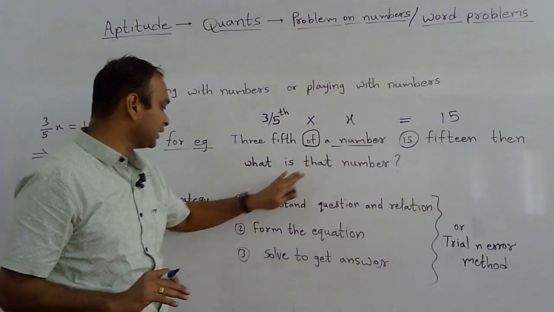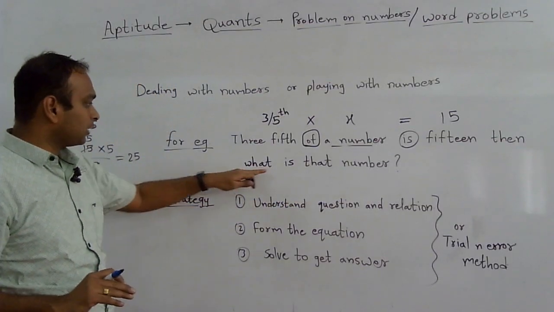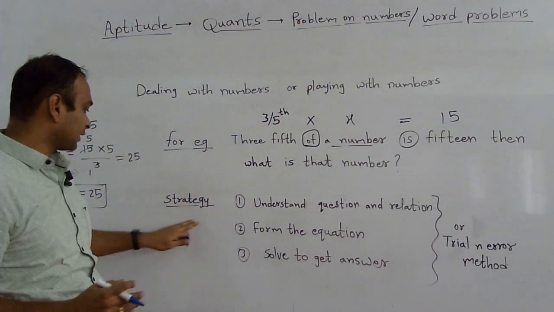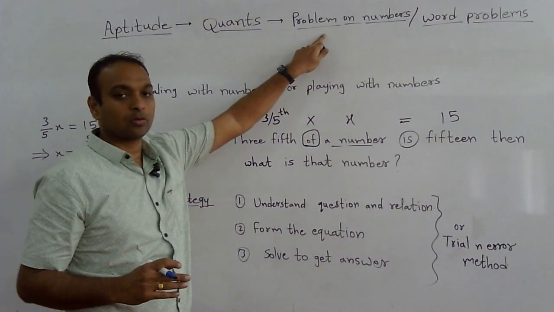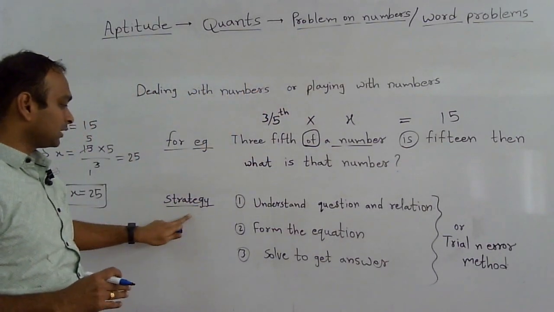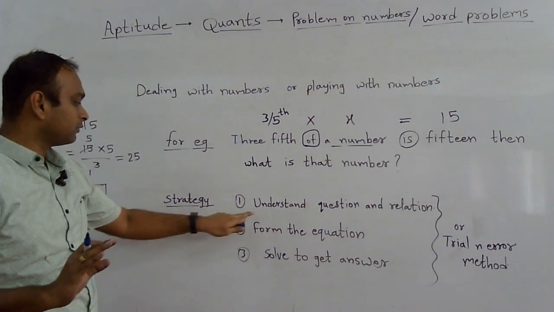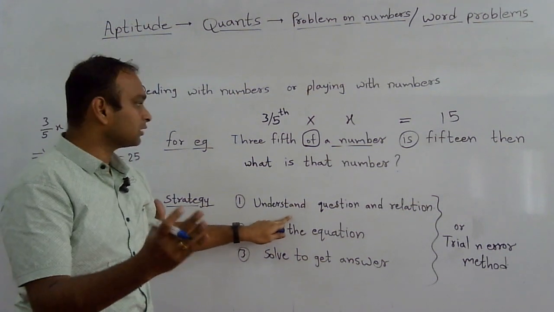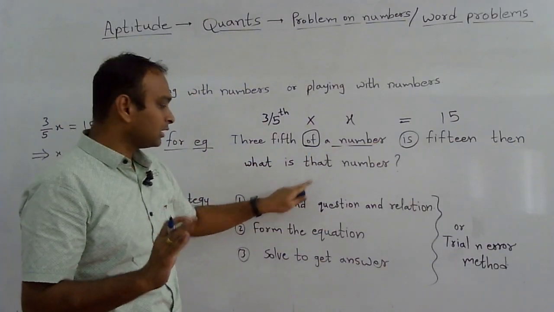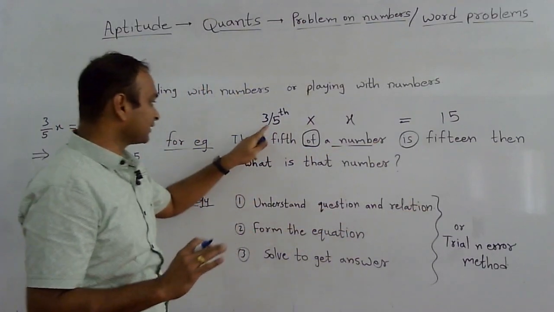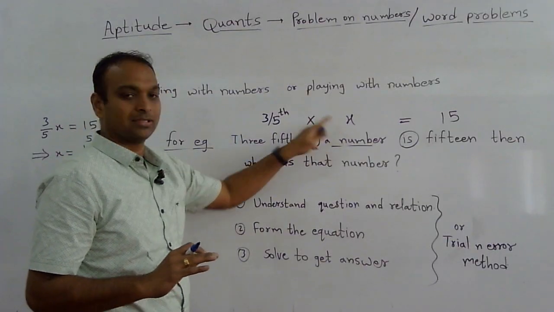An equation statement would be given, and we have to form the equation to solve it. The same is said in the strategy. To deal with this topic, problems on numbers, the strategy says: understand the given question very well, understand the relation. For example, here 3/5 of x is the relation.